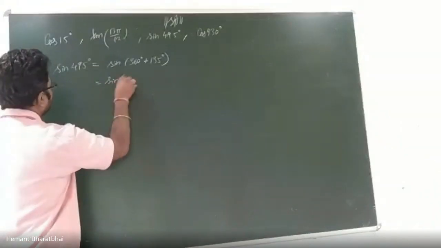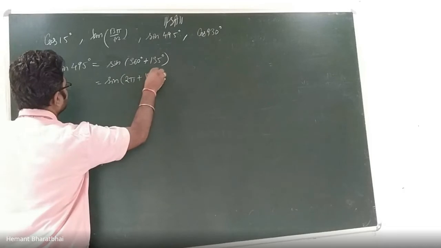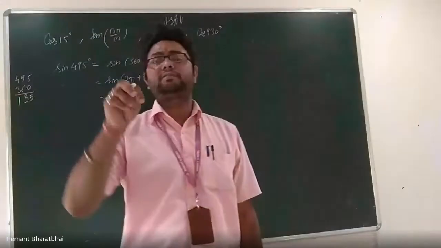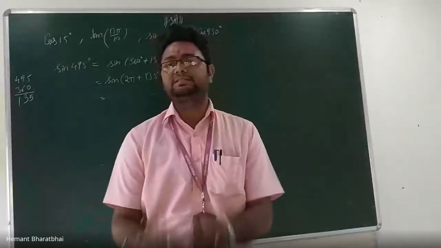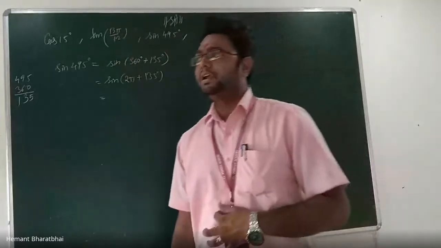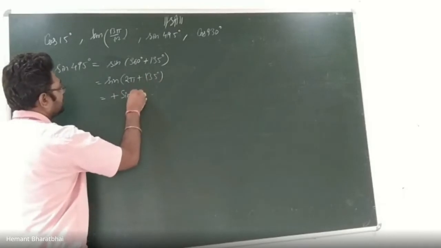So I can write it as 360 is nothing but 2 pi. So 2 pi plus 135 degrees. 2 pi means one rotation. After one rotation, if I just add a certain angle, in which quadrant will I reach? I will reach in the first quadrant. In the first quadrant, sine is positive. Therefore, I write plus sine of theta. So theta is how much? 135.